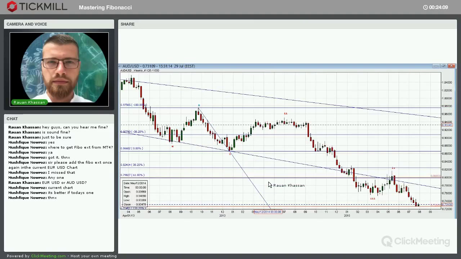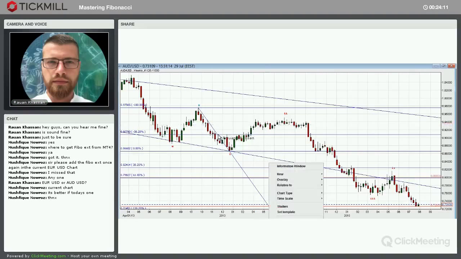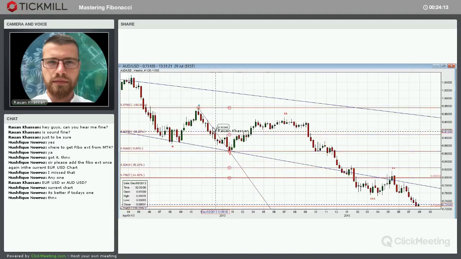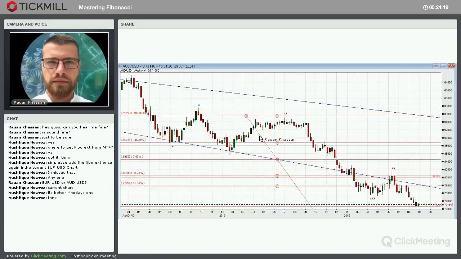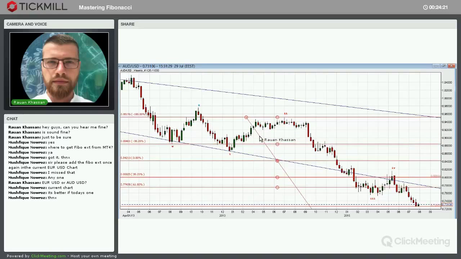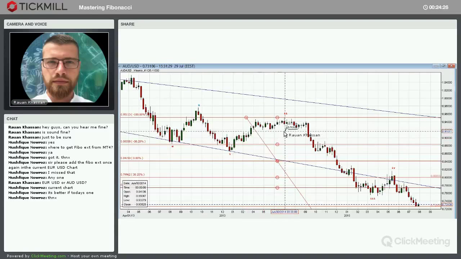Is this move clear? Then I select the created Fibonacci extension tool and move it on the following peak. In this current example, it appears to be in June 2014 at the level of 0.9505.